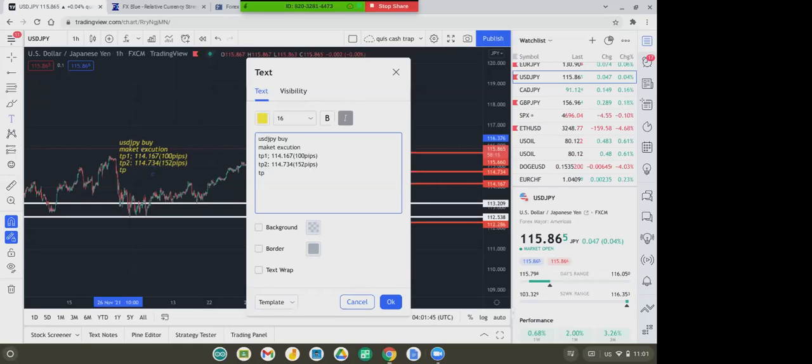TP3 was 115.660. That was 247 pips, right? 247 pips, if I'm not mistaken. And stop loss was 112.286. That's 74 pips. All right.